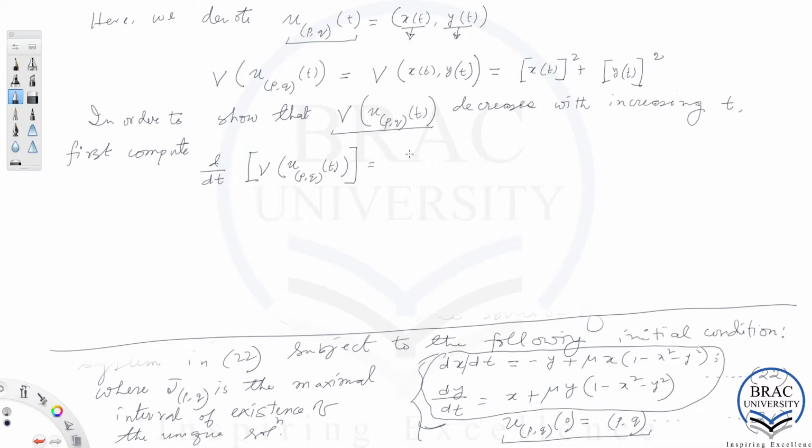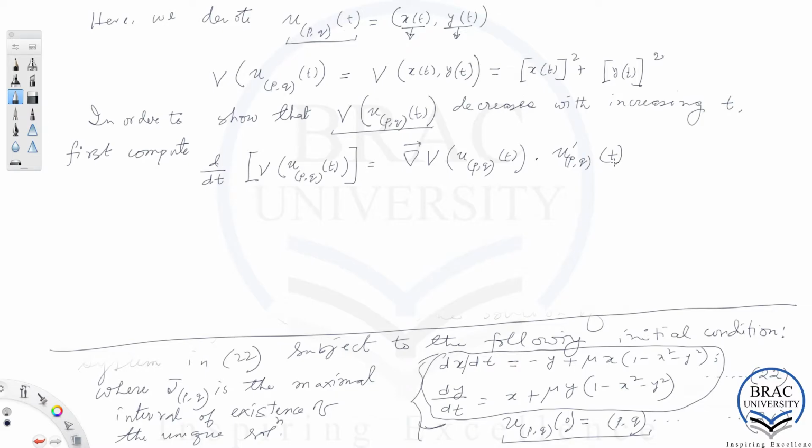Which is the dot product of these two vectors, gradient of v at u sub p comma q at t dot the time derivative of the solution, u prime sub p comma q at t.